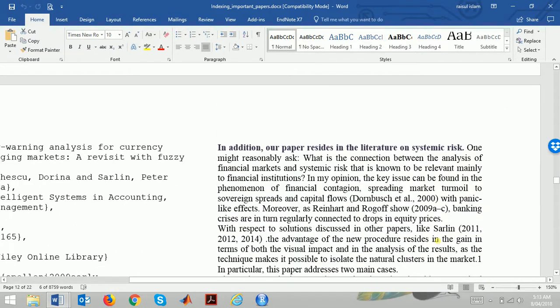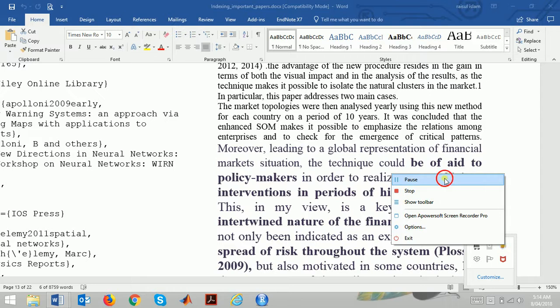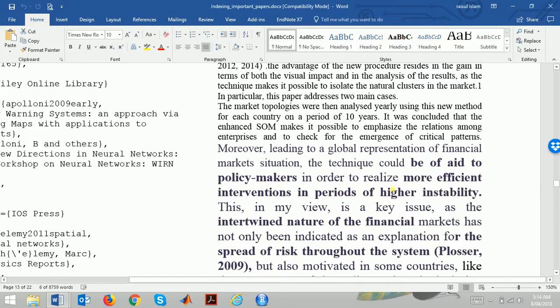In addition, our paper resides in the literature on systemic risk. Moreover, leading to a global representation of the financial market situation, the technique could be of aid to policymakers in order to realize more efficient interventions in periods of higher instability.